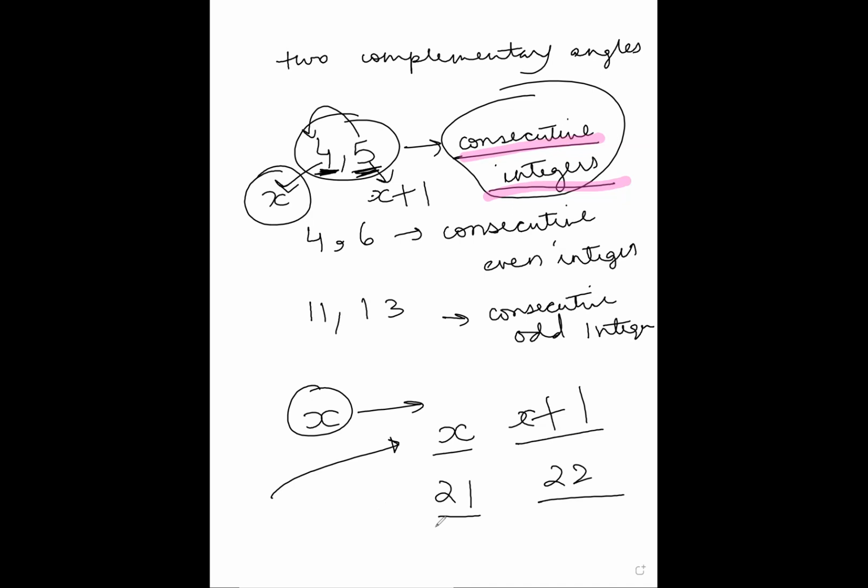Yeah. Okay. How is 4 and 6 consecutive even numbers? Before coming to consecutive even numbers, let us just talk about consecutive integers. We are not talking about even or odd over here.